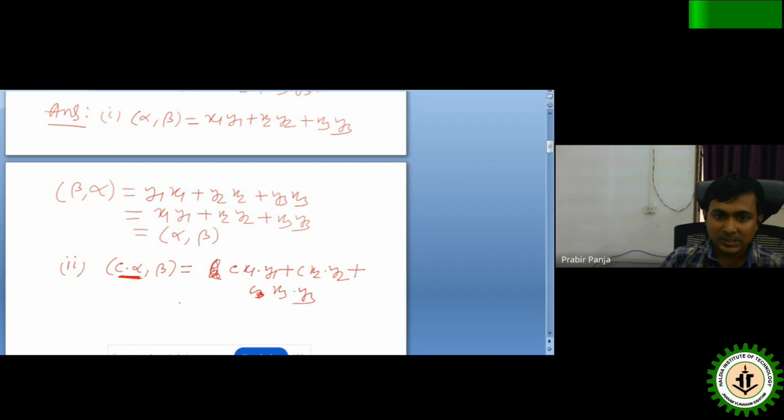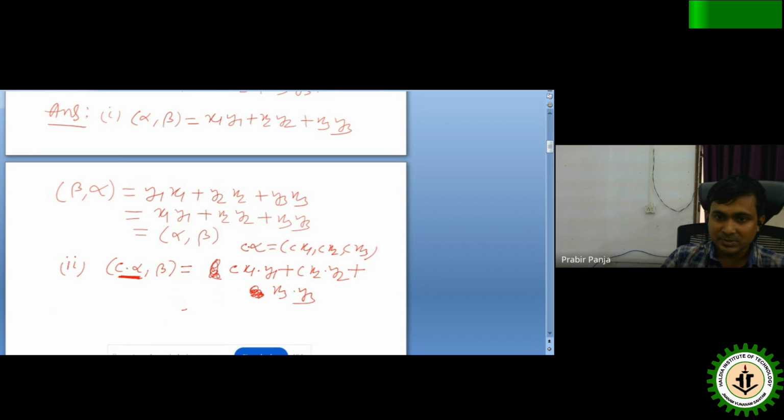So whenever we multiply alpha by c, c alpha will become c x1, c x2, c x3. This is the value of c alpha comma beta.